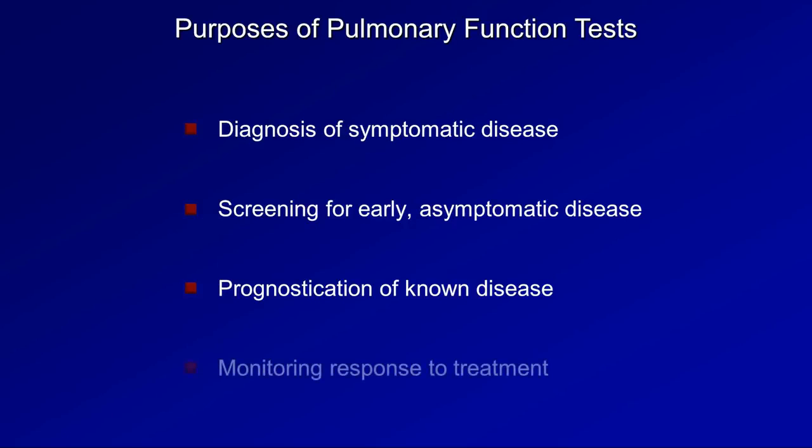Finally, they can also be used to monitor response to treatment, though most pulmonary diseases are best monitored by symptoms. Since diagnosis of symptomatic disease is why PFTs are usually ordered, that will be our subsequent focus.